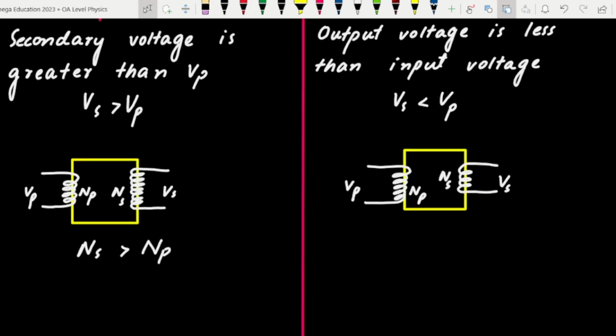So just by looking at the number of turns, they ask you in paper 1, they give you some diagrams and ask you which one is the step up transformer. So step up transformer would be the transformer whose secondary coil has more number of turns. So in this one, NS is less than NP.